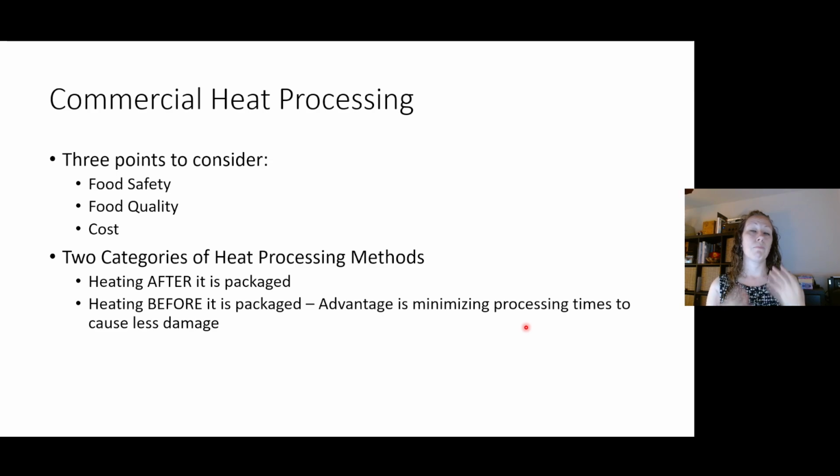It is just a balance of all three of those in determining what type of heat processing method we're going to use, what time and temperature combination we're going to use. Considering all those points, now we're going to decide exactly what heat processing method we are going to use.